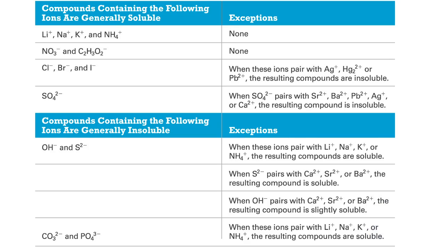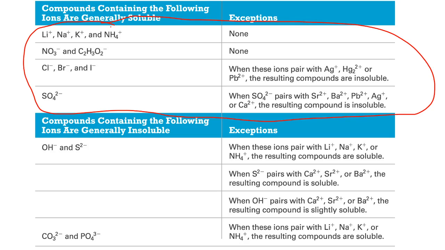So, the top half of this little section up here, this is for compounds that are usually soluble, so they usually break apart. On the left side, you have the ions that are very soluble, things like lithium, sodium, potassium. On the right side, you have the only exceptions of what's not going to dissolve.